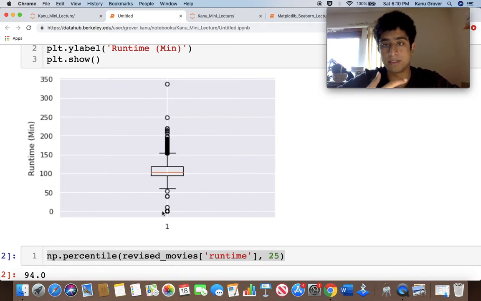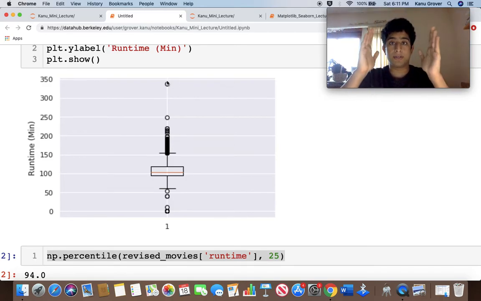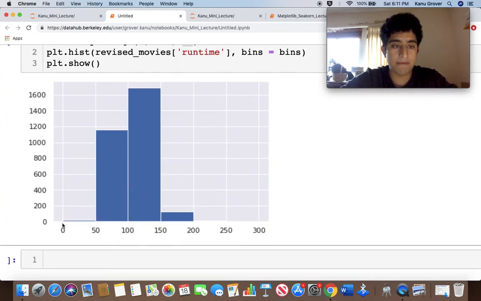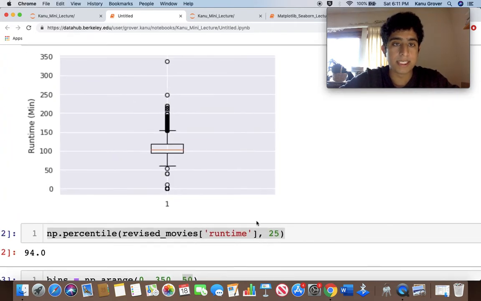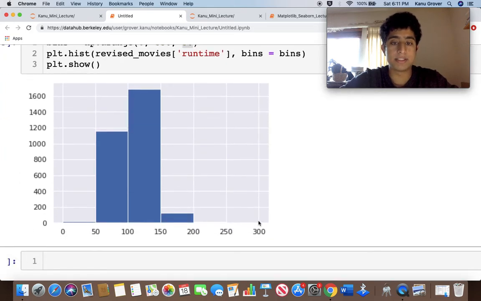Usually a good histogram is descriptive of all your data, but in cases like these, when you have a singular movie that's almost 100 minutes more than the second longest movie, you really don't need to include this variable in your histogram because it only increases the ranges of your graph. This graph is from 0 to 350 or 300. We could have easily just limited this a lot more, so we can get a much more concentrated view of the data points that really matter.